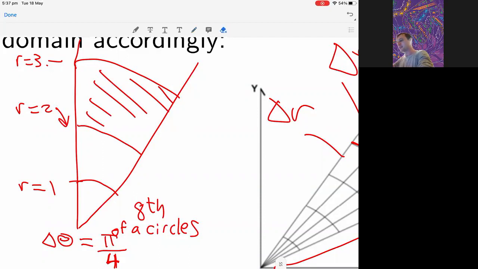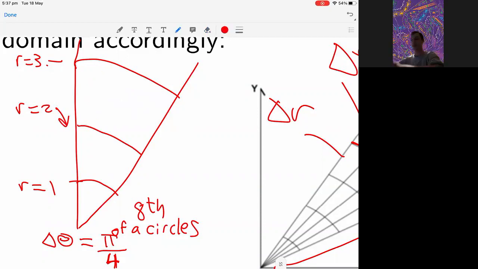Because the idea here is that, at least if we're far enough away, we could think about this in terms of base times height. What is the height? Well, the height is the change in radius, which is just 2. Sorry, no, it's just 1. The height equals 1.